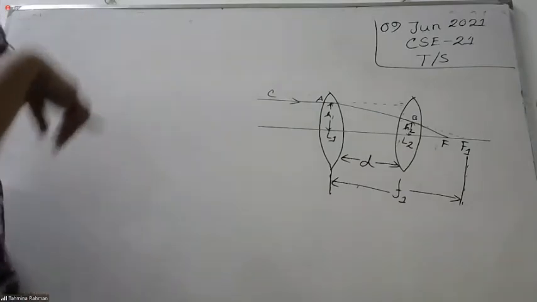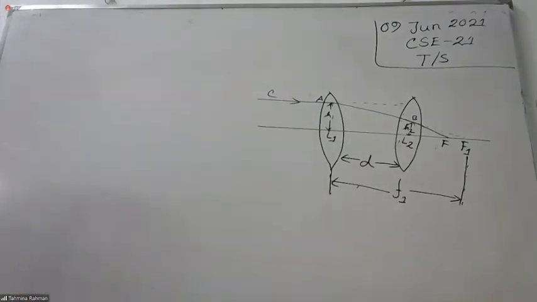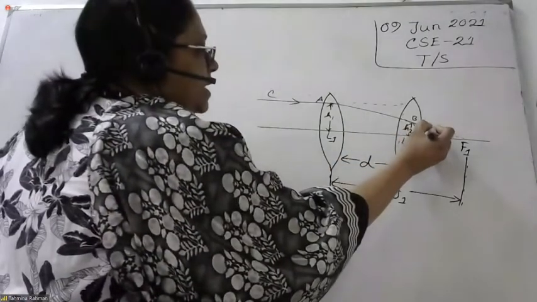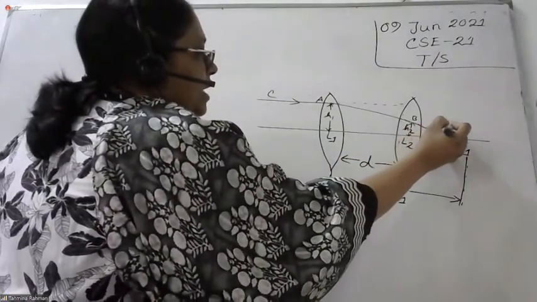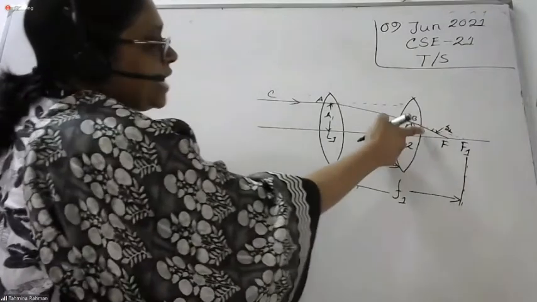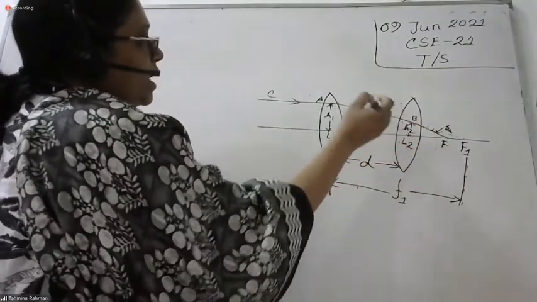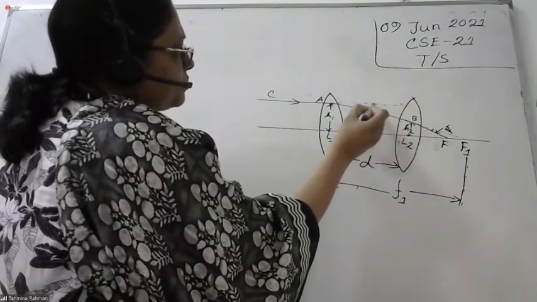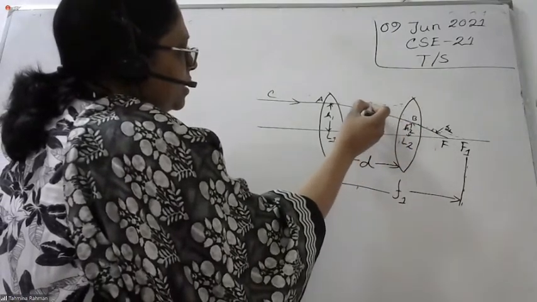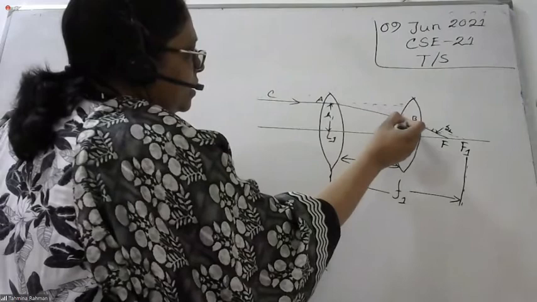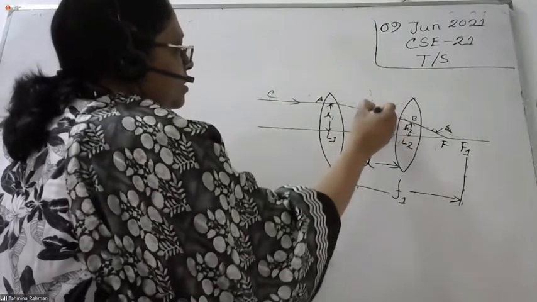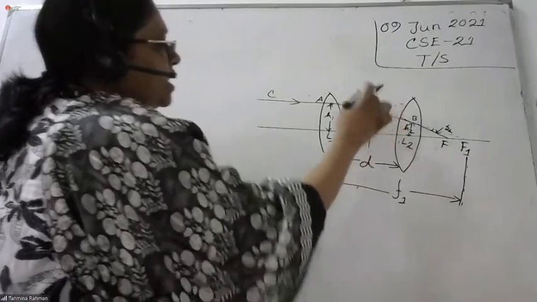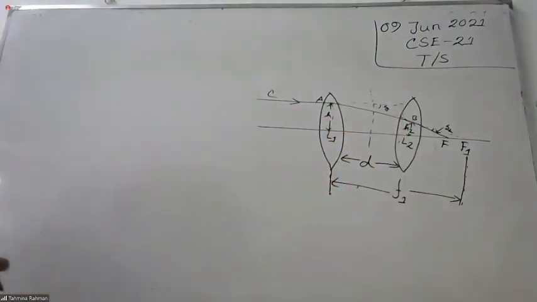Right? That is F1, the focal length for the first lens. Now, next, this one is the deviation produced by the second lens. It is denoted as del 2. This angle is del 2. Another one: this deviation del is for the equivalent lens.